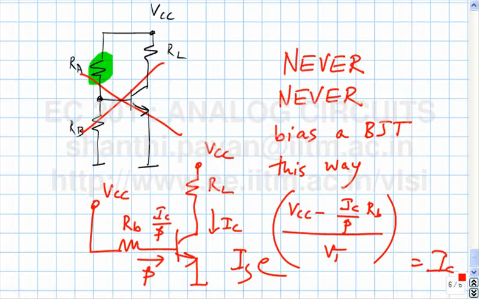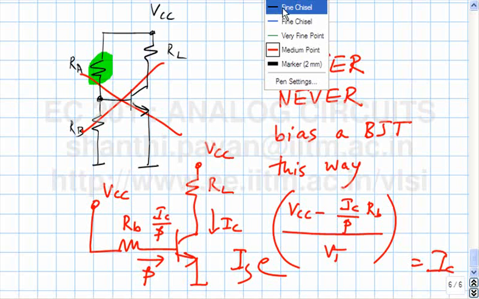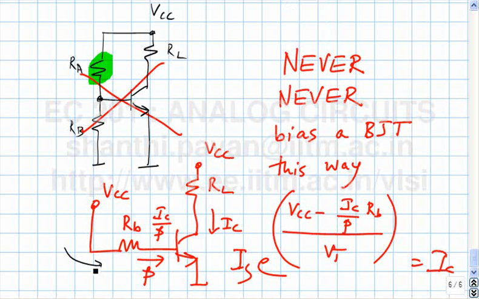So a hack could be to assume that the VBE of the device, if it's conducting current, must be approximately 0.65 volts. So another hack that's commonly used is to say the current in the base is VCC minus 0.65 volts divided by RB. That's the base current.